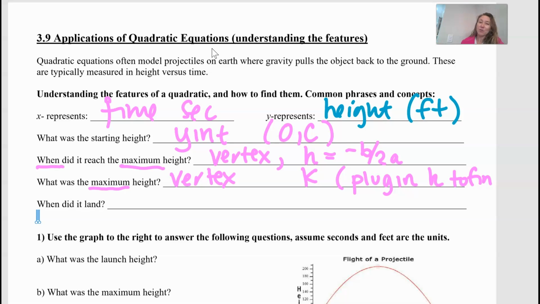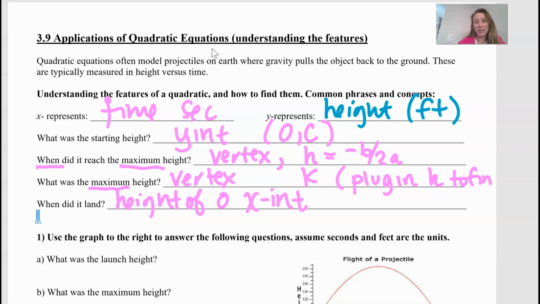And then the last question that they might ask is, when did it land? So when did the projectile, or the projected object, land on the ground? And at the ground, that's what we call a height of 0. So we're talking about the x-intercept.